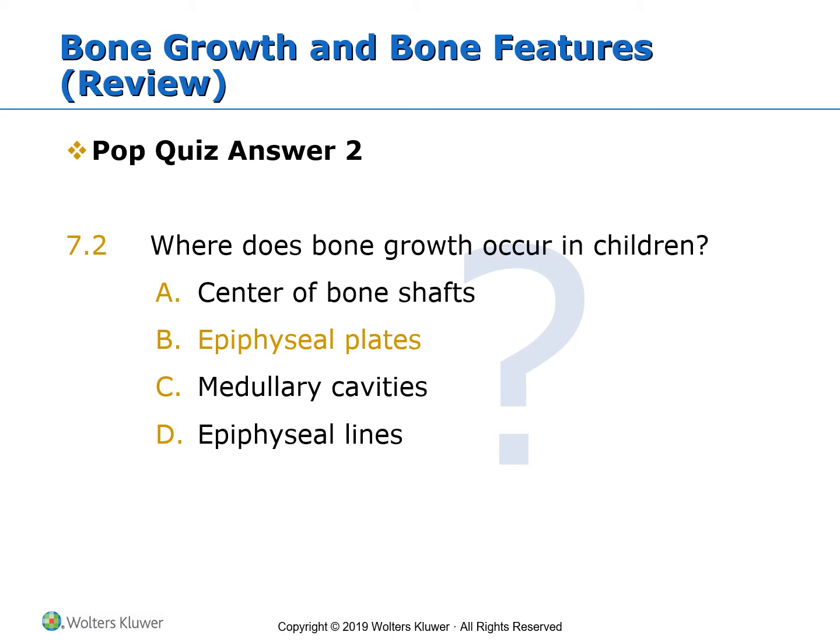It's where the process of ossification starts in an embryo. Medullary cavities will allow for a certain degree of replacement of bone, but definitely not bone growth. And epiphyseal lines are those places that will replace the epiphyseal plates once those become inactive.